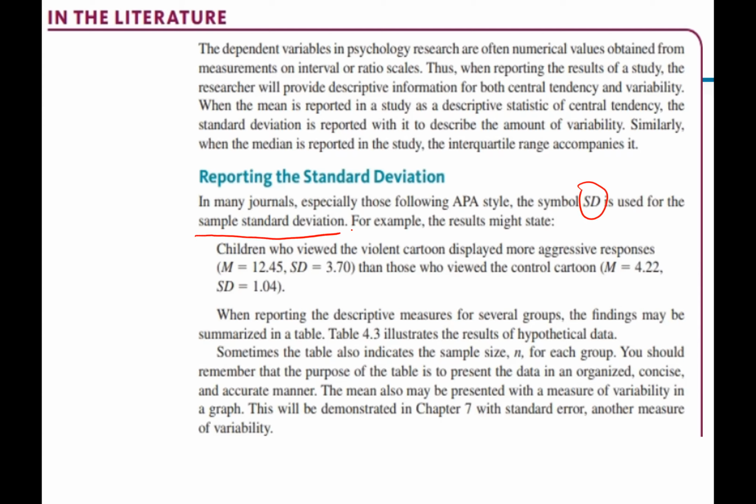For example, the results might state that children who viewed violent cartoons displayed more aggressive responses, the sample mean is 12.5, and the standard deviation is 3.70. That's how it would look if you were reading it in the literature.